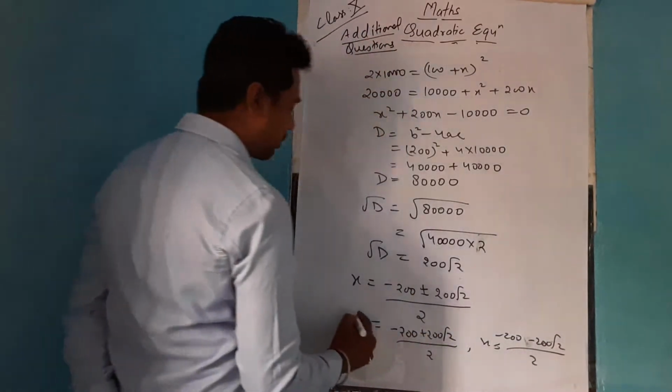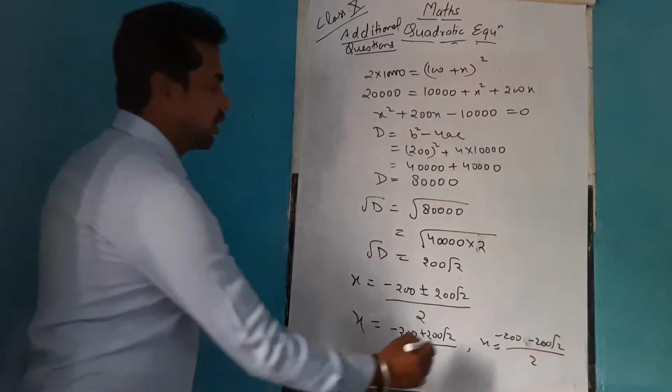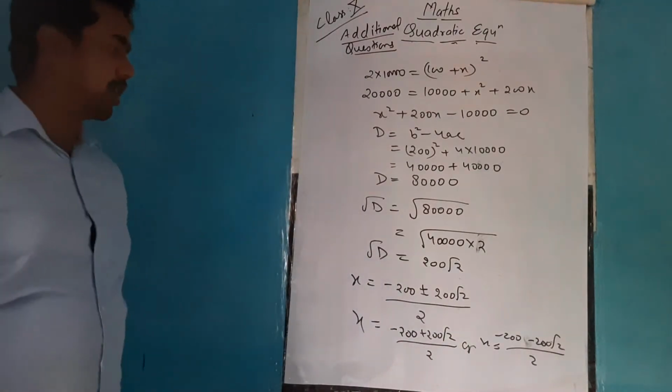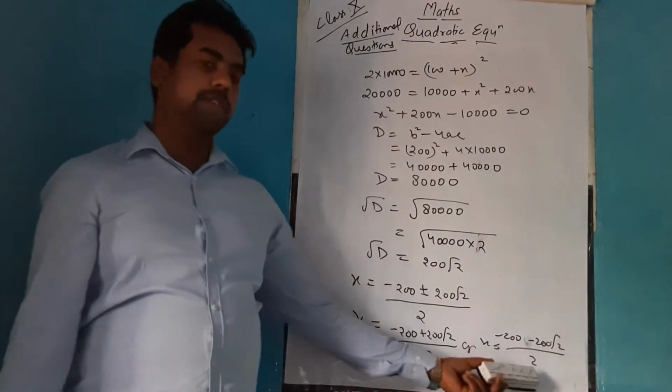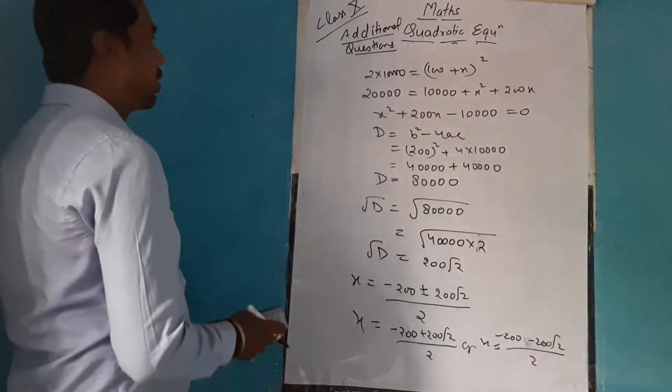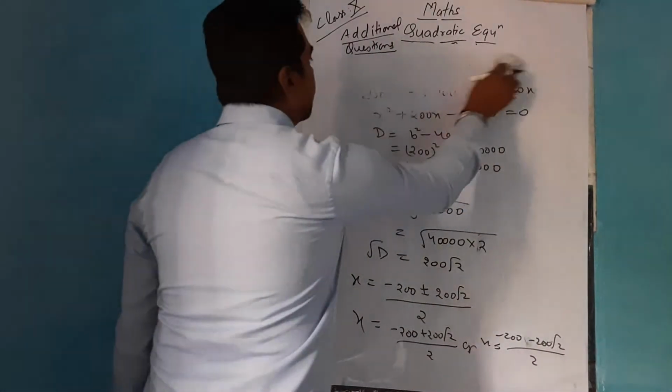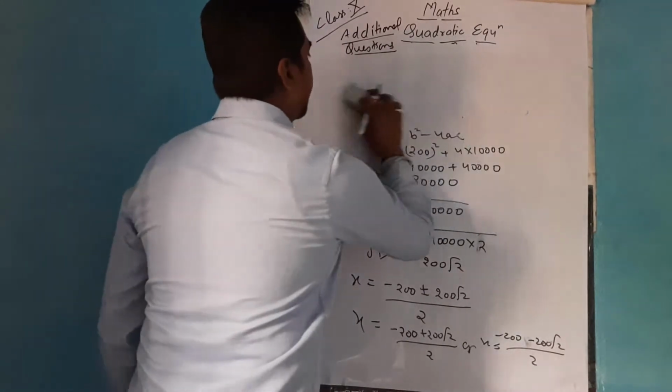So these both will be the value of X, either this value or this value. And you know that X is a percentage. So the percentage from the second one will be negative, so we'll write that the percentage cannot be negative.